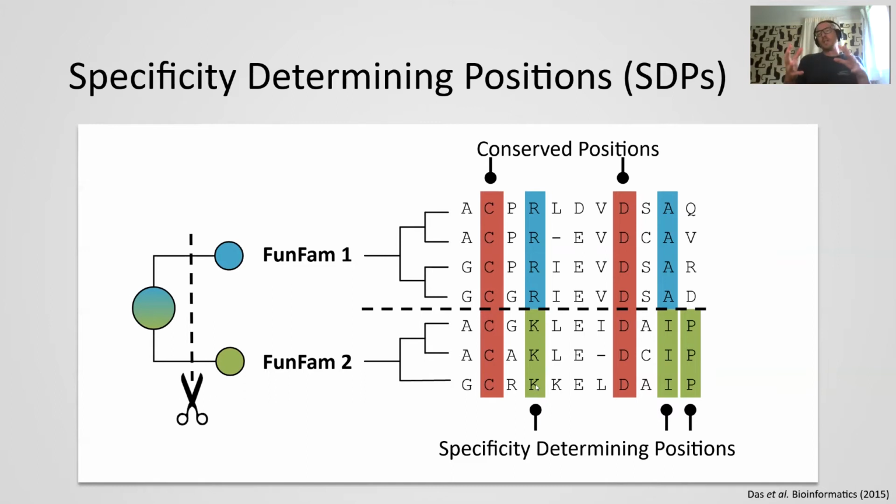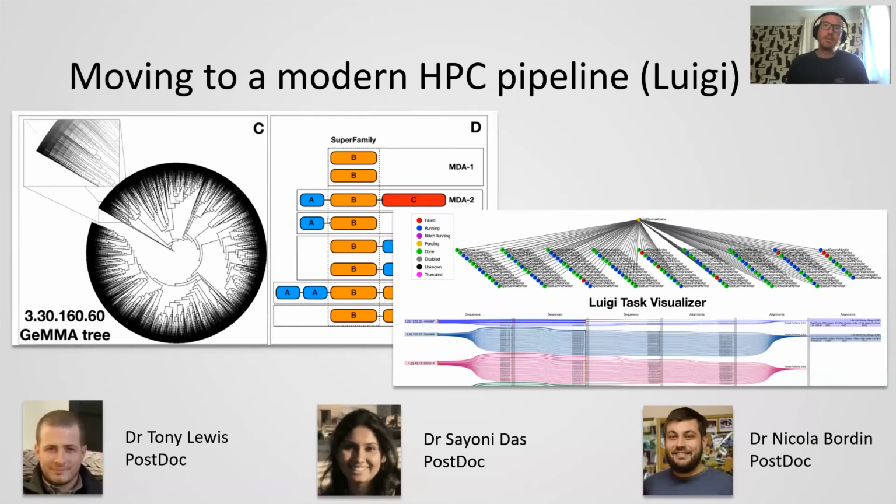In these cases, that position might be useful for determining the specificity of a substrate, or helping to decide which substrate the structure is useful for. So we use this kind of information to decide when to keep clusters apart and when to bring clusters together, and to calculate these functional families.